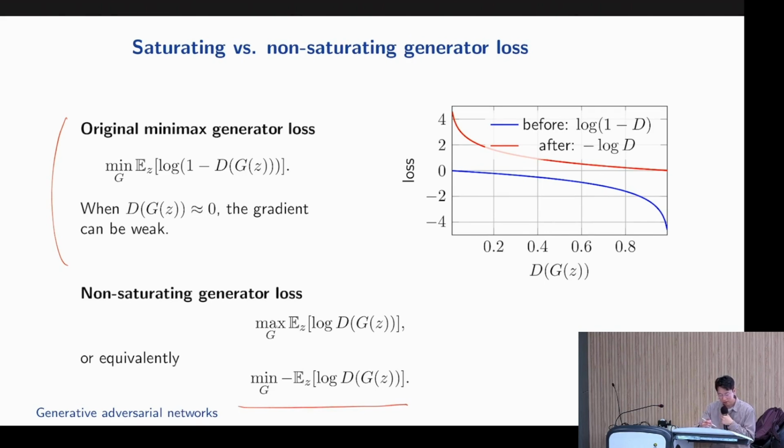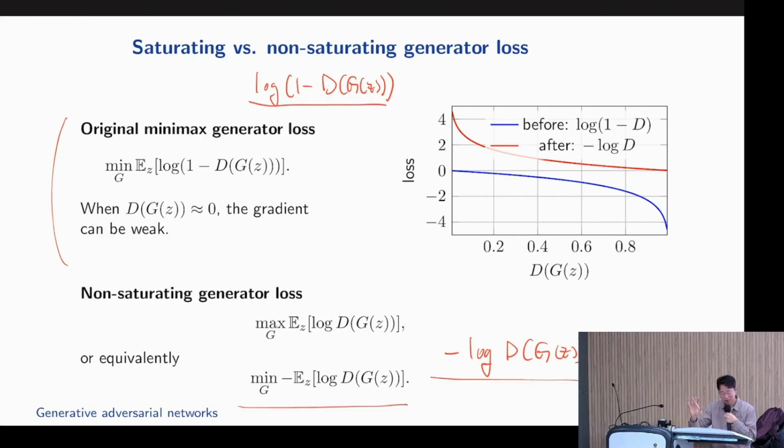We had log 1 minus D of G of z. Now we're going to look at minus log D of G of z. Let's compare this one to this one. Log is monotone, don't worry about it. The 1 is just a constant, so we took it outside.